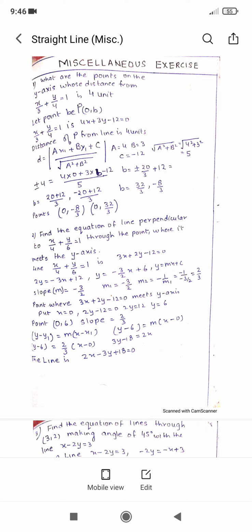Now we know the formula of distance is d = |Ax1 + By1 + C| / √(A² + B²). Here, if you see the equation, we have A = 4, B = 3, C = -12, x1 = 0, y1 = b.